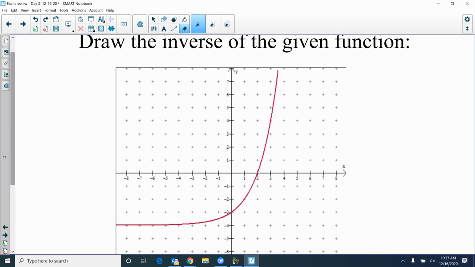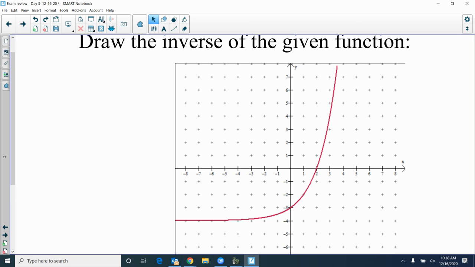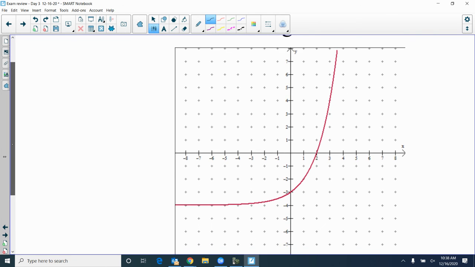Drawing the inverse given a graph. Okay, so look at that. You don't know the equation, you just have the original graph, and we have to just sketch the inverse on the same coordinate system.